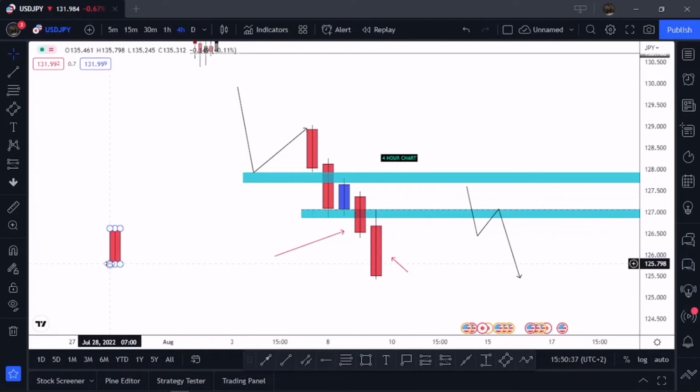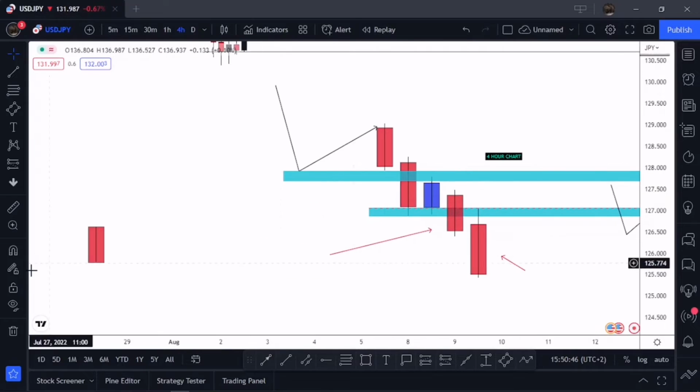If we have an open right here, the candlestick opens to the bearish side.